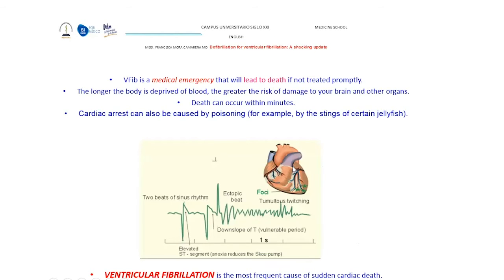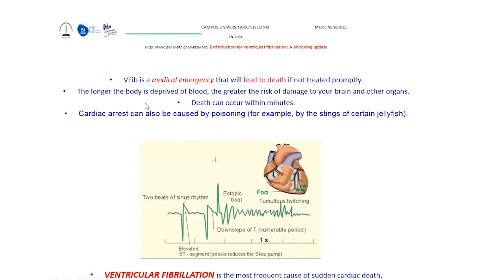Of course, this represents a medical emergency because if we do not treat it promptly, this ventricular fibrillation can be a life-threatening condition and lead to death.